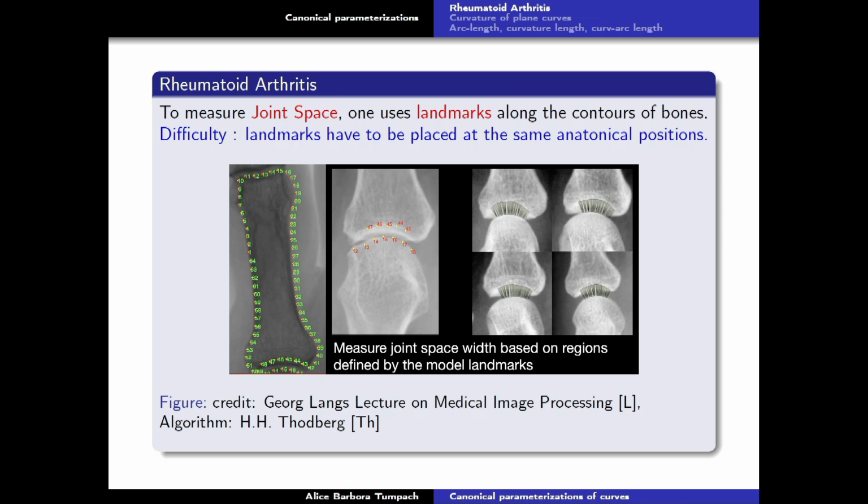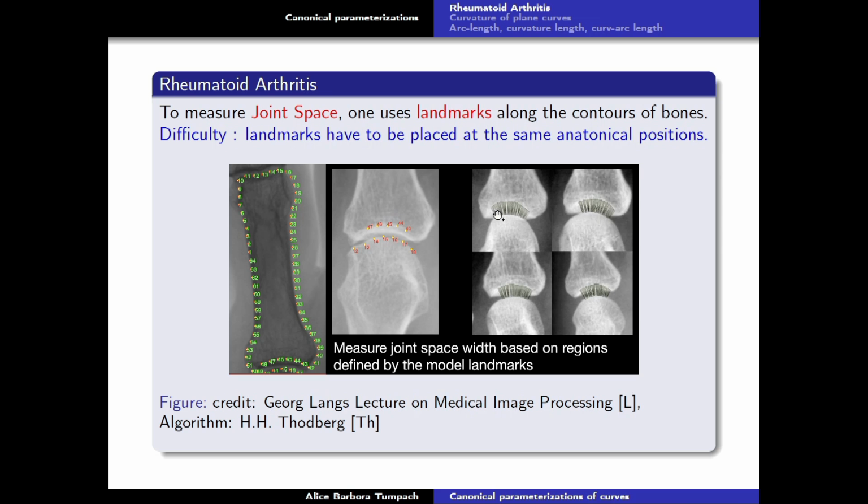And the way that people compute it is the following. They put landmarks around the bones, and then they select landmarks that are located between, so in this joint space, and then they add the distances between the landmarks.